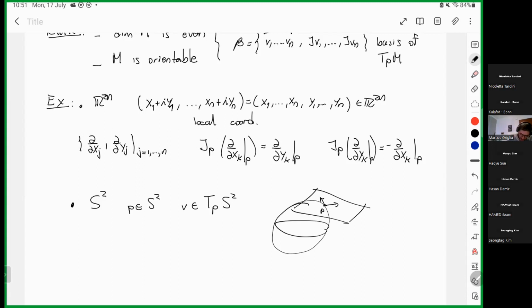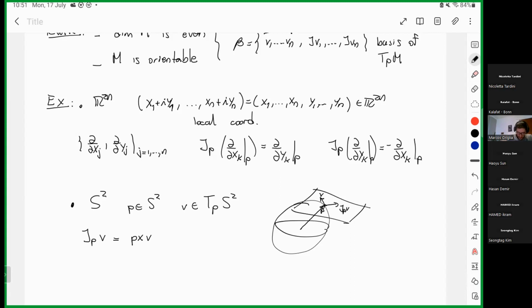So we need to define J_p on this v. How we do that is just by taking the cross product of p and v, right? So you can think about p like a vector here, and then this is v, and J_p of v would be this one, right? So it's just something which is orthogonal to p, so it's in the tangent space, but it's also orthogonal to v, right?